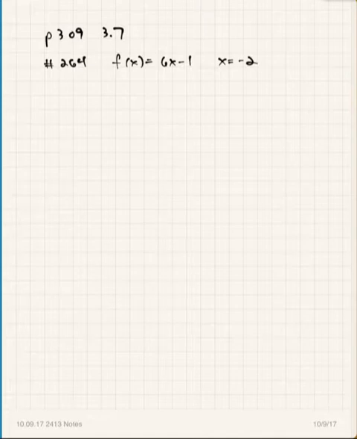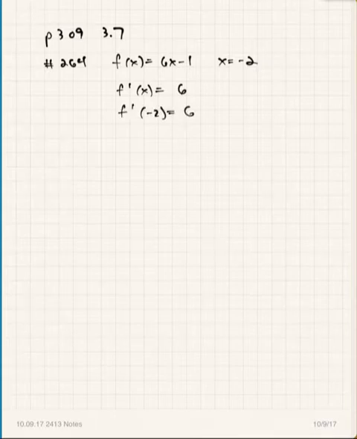Okay, so this is easy because this is a linear function. So f prime of x is simply just 6, and so f prime at -2 is going to be 6. No big deal. Now if you evaluate the function f at -2, you get -13. So keep that in mind. Now let's generate the inverse of this function.